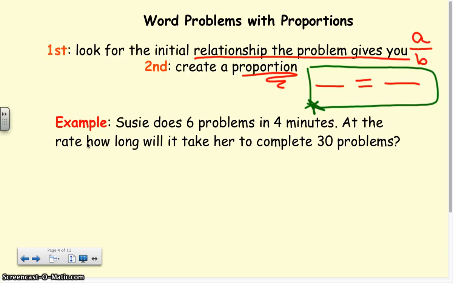So let's look here. And when I read this question, what you need to be thinking about is, what is our first relationship? Susie does 6 problems in 4 minutes. At that rate, how long will it take her to complete 30 problems? What's my relationship? Problems and minutes, right? So I have problems and I have minutes.